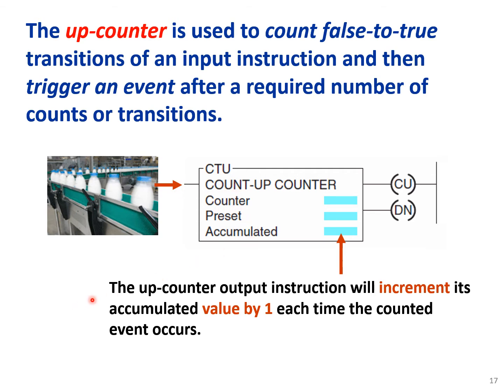The up counter output instruction will increment its accumulated value by 1 each time the counted event occurs. So we are repeating the same concept over and over again in different slides and in different formats, just to make it solid in your memory what a counter is.